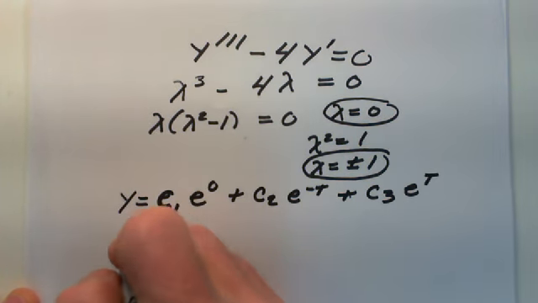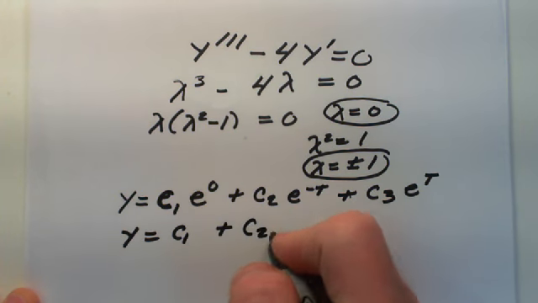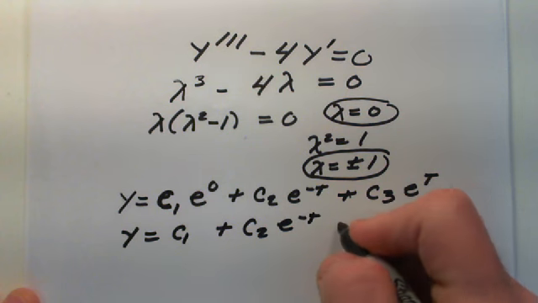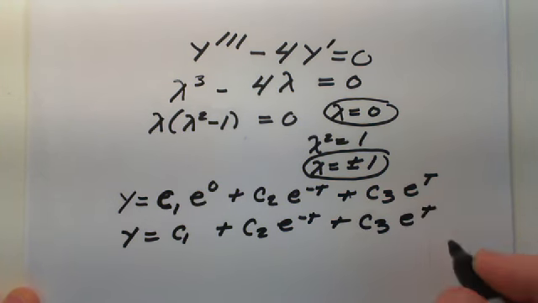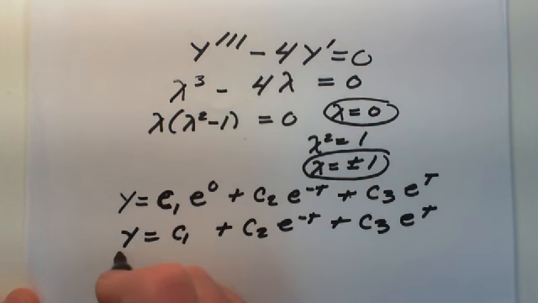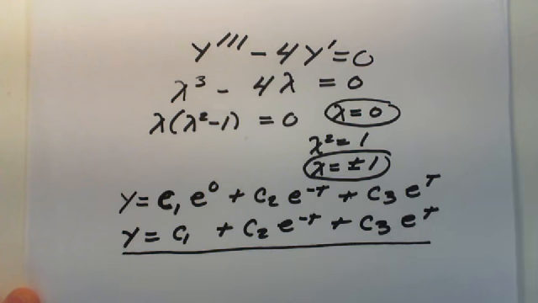Then I would rewrite this as y is equal to c1 plus c2 e to the negative t plus c3 e to the t. That's the solution for that higher order differential equation. Also, you note there are no conditions given, so there's no way we can solve for what c1, c2, or c3 would be in this one.